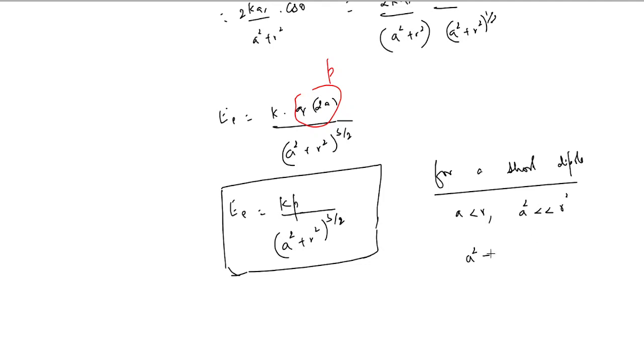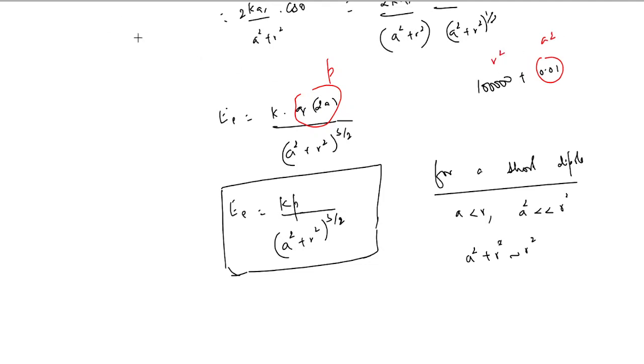Therefore, A square plus R square is almost the same as R square only. That is, if you add a very small number to a big number, the effect is almost the same.